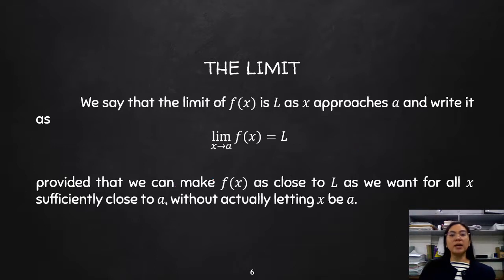Provided that we can make f of x as close to L as we want for all x sufficiently close to a without actually letting x be equal to a. So x approaches a, but x is not equal to a. So what could this L value be, where as x approaches a, f of x gets close to that value?